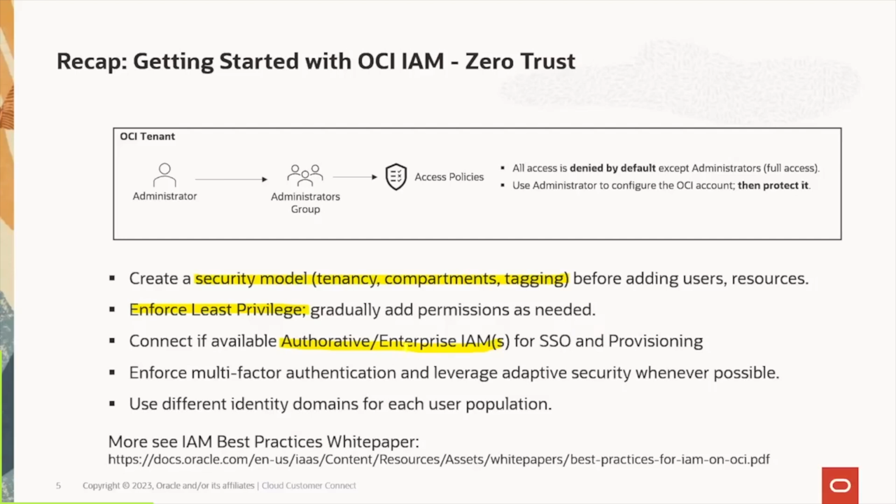Otherwise you have to drive OCI as a satellite system which is not connected to the IAM, and you have to set up the provisioning to be able to report this during compliance and audit phases in your enterprise. So this means you connect it for SSO and provisioning.